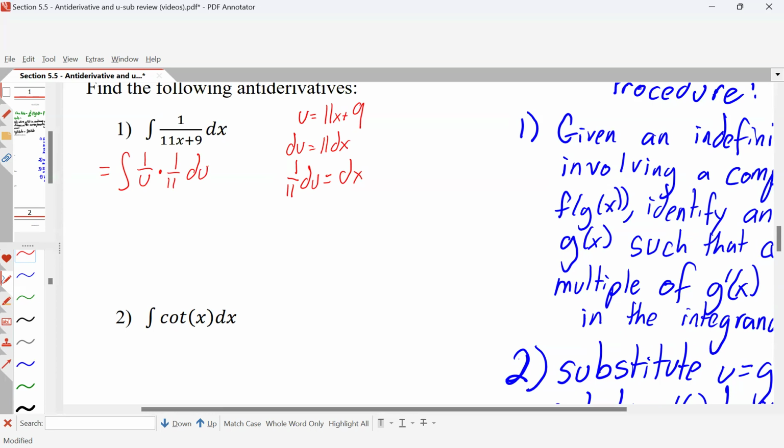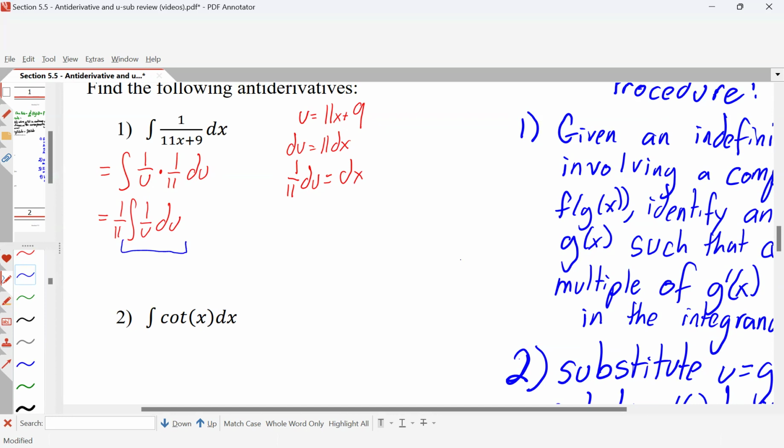Now reviewing the ideas of integrals, when I'm multiplying by a constant, I can pull that constant all the way out in front of my integral. Meaning this is really 1/11 times the integral of 1 over u du. And now we know this integral.